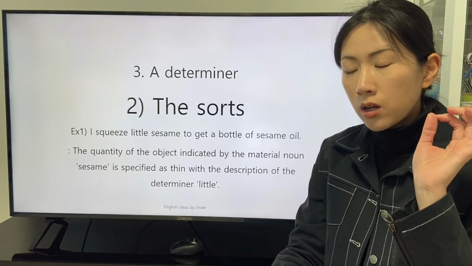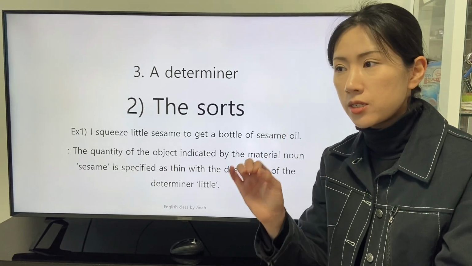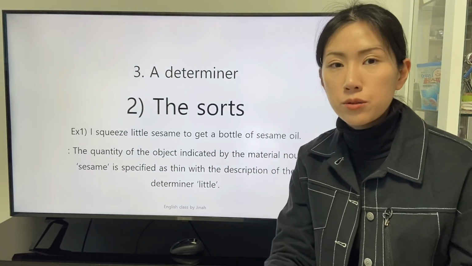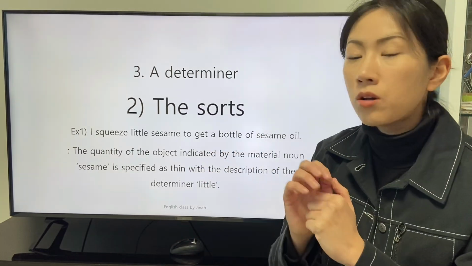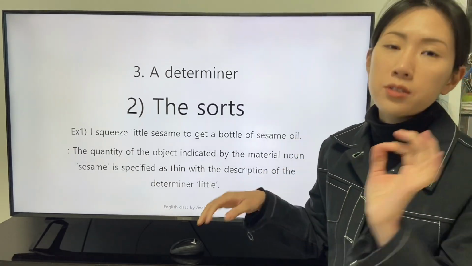The grain itself is considered to be indicated by the material noun. The noun sesame to indicate a grain is classified into a material noun.